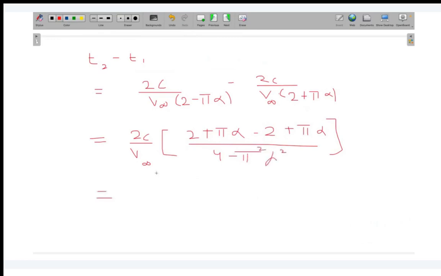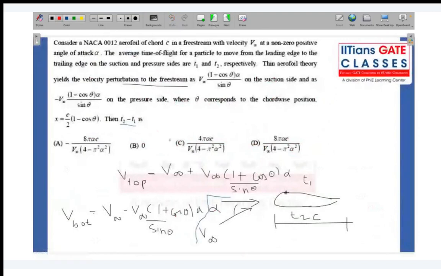You have 2 pi alpha, and so that becomes 4 pi alpha C divided by V infinity into 4 minus pi square alpha square. Nothing but T2 minus T1. The right option here is option C. Right? Any questions here?